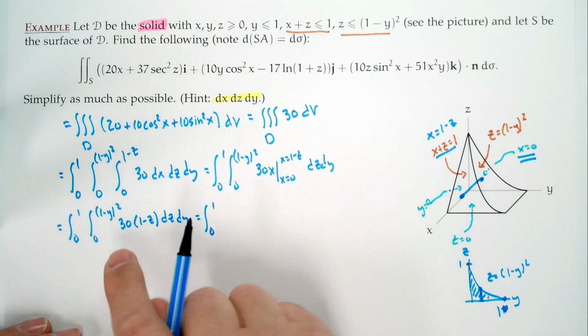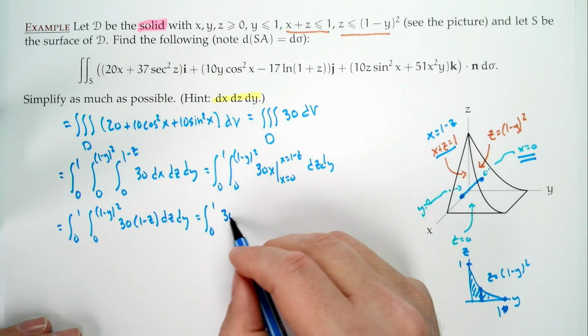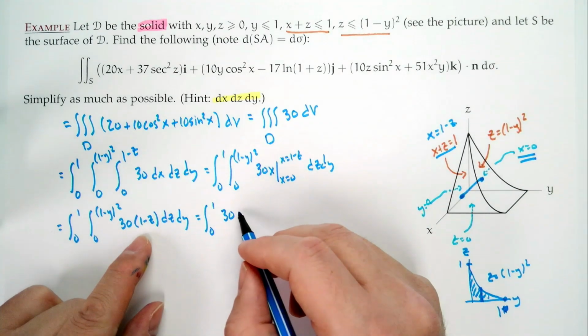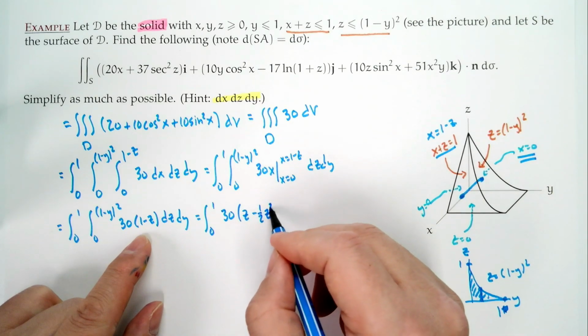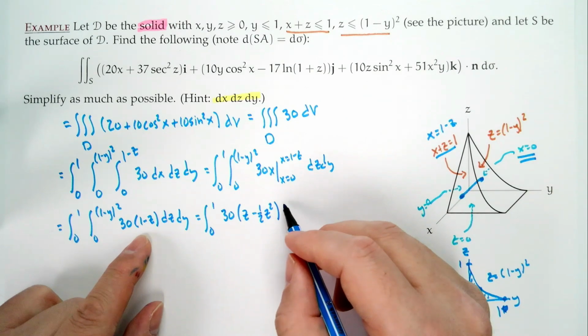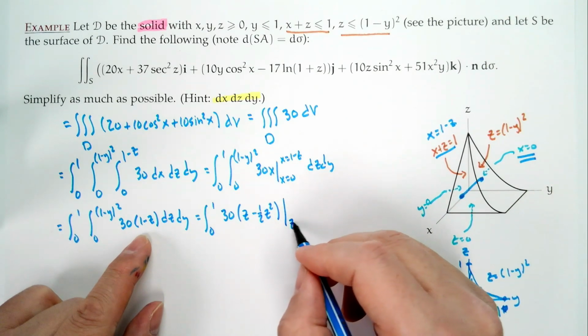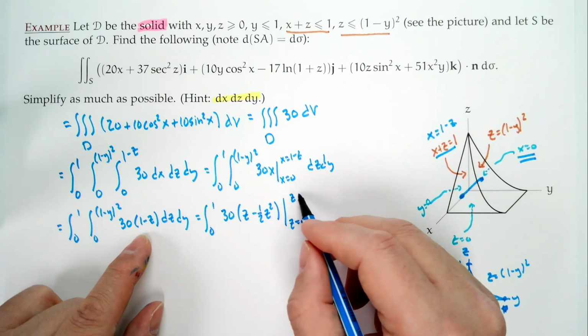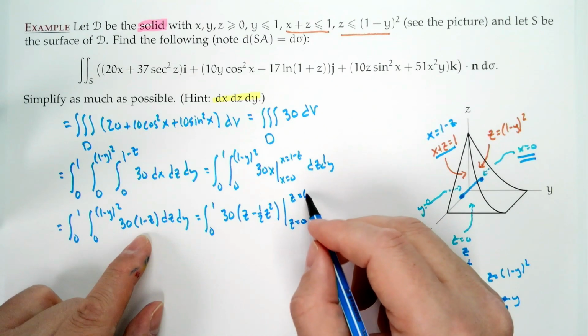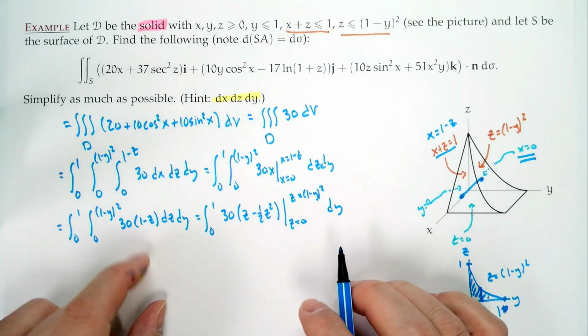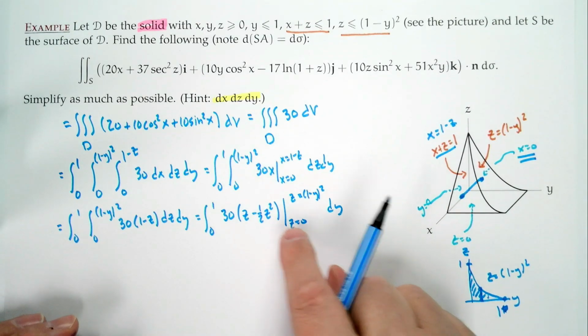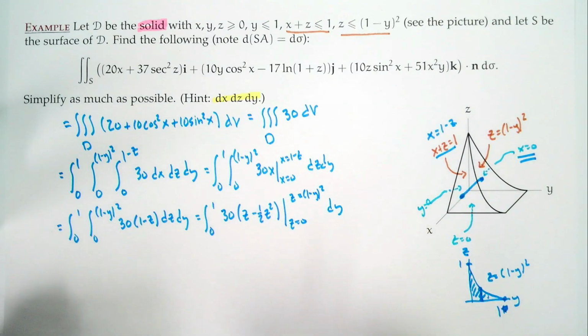Well, let's integrate. So that's 30, then here I'll have z minus 1/2 z squared, then I'm going to evaluate z equals 0 to z equals 1 minus y squared dy. So let's plug these in. Now we plug in 0, you're going to get 0. That's good news for us.